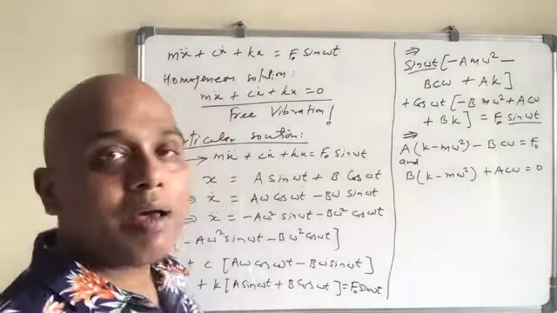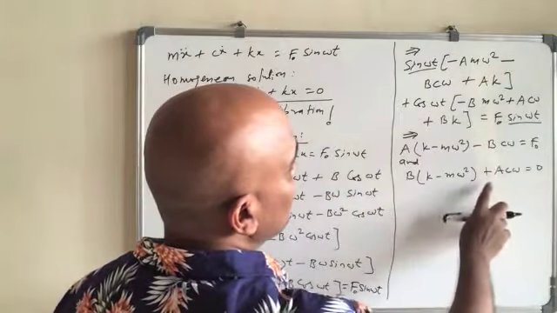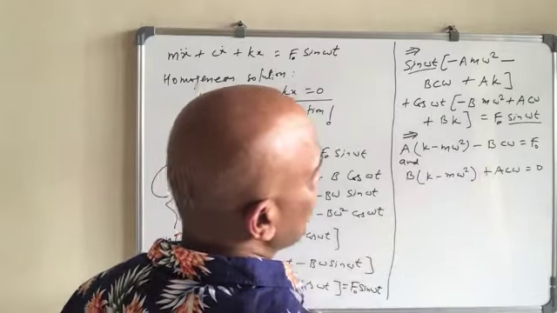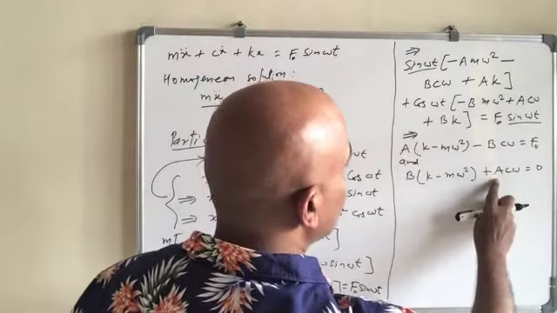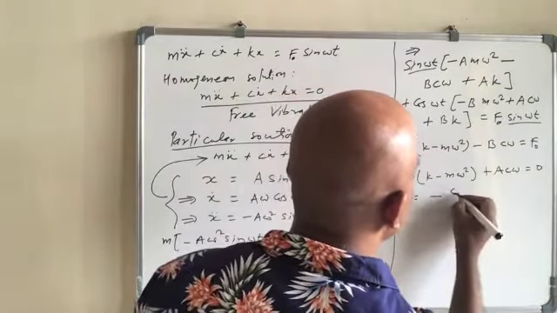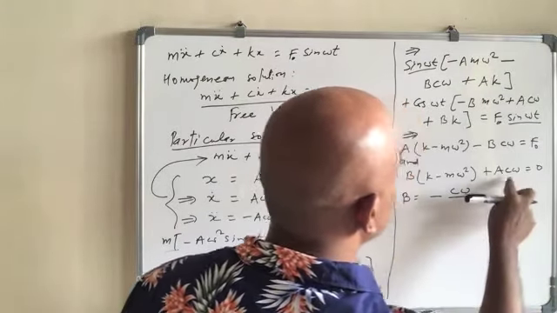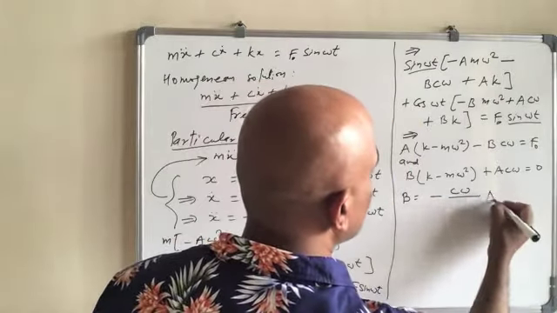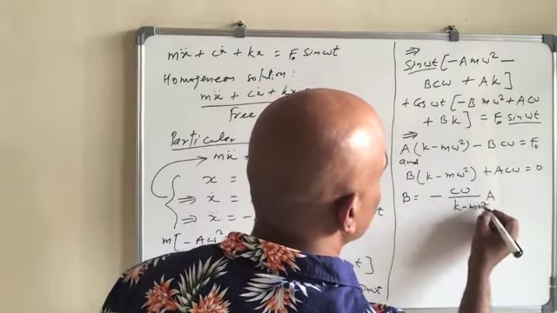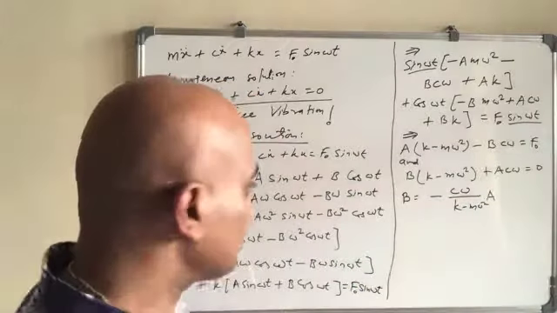Okay, from here we can get b in terms of a. So b equals minus c omega a divided by k minus m omega square.